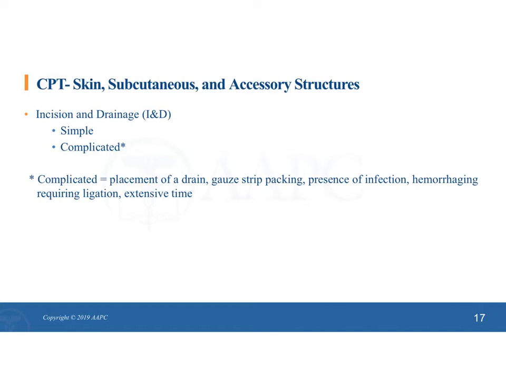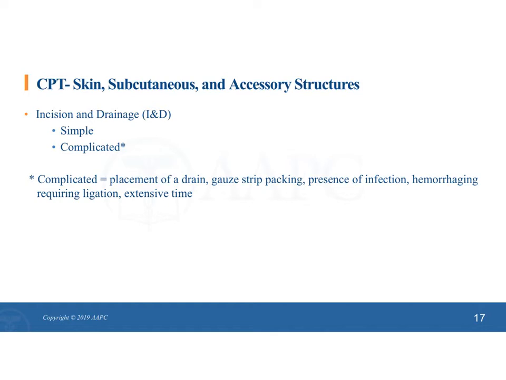When you're coding from this group of codes, it's important to distinguish between simple procedures and a complicated procedure. If the documentation does not specify simple or complicated, there are factors that determine what is considered complicated.